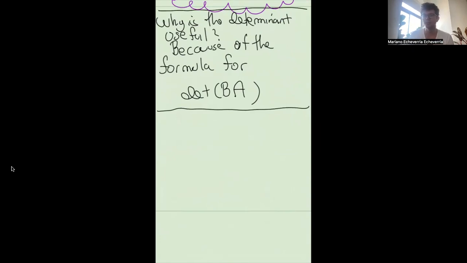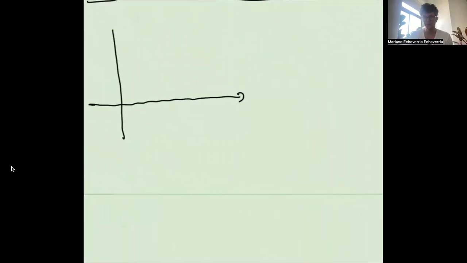Let me remind you first how you could think about the determinant in a more pictorial way. Let me see if I need to zoom in, sorry about that, just because otherwise the pictures won't have enough space.